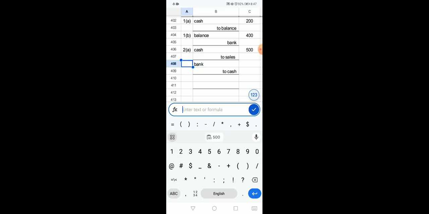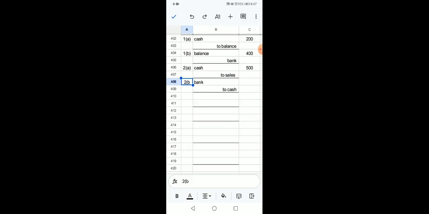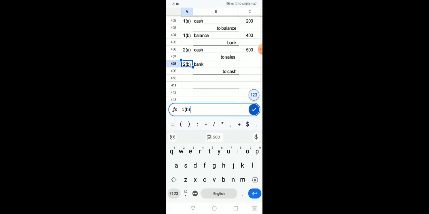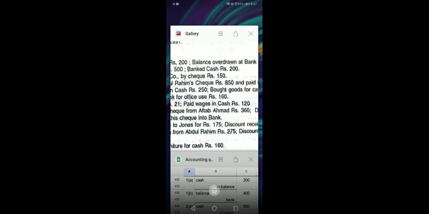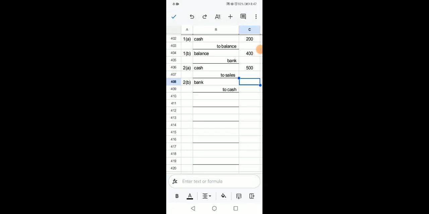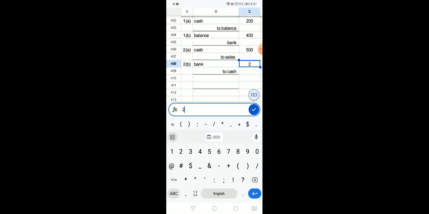It was 2, but B entry. So here you have mentioned the date, B entry. And now how much cash has been deposited into the bank? In 2B you can see it's 200. So 200 would be written over here. What third meaning are we getting?